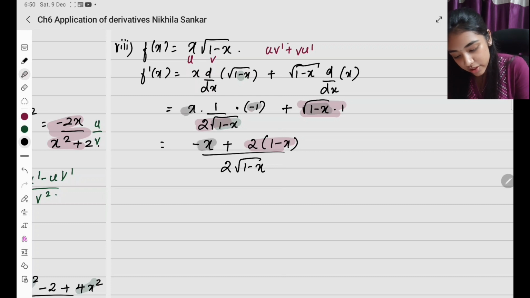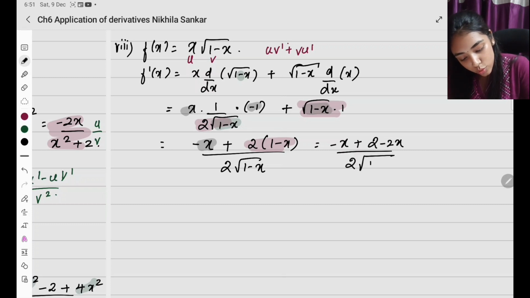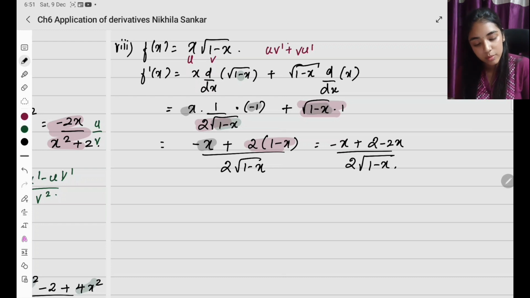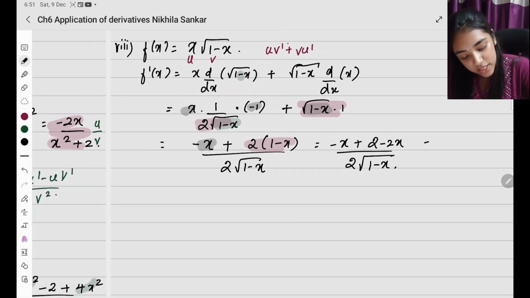So that is what I've written here. Okay, clear? Now this when I simplify, minus x plus I'm multiplying the 2 inside, so 2 minus 2x divided by 2 root of 1 minus x. Be careful with the sign, find the derivative correctly. So this is going to be, I have minus x minus 2x, which becomes minus 3x. So minus 3x plus 2 divided by 2 root of 1 minus x.